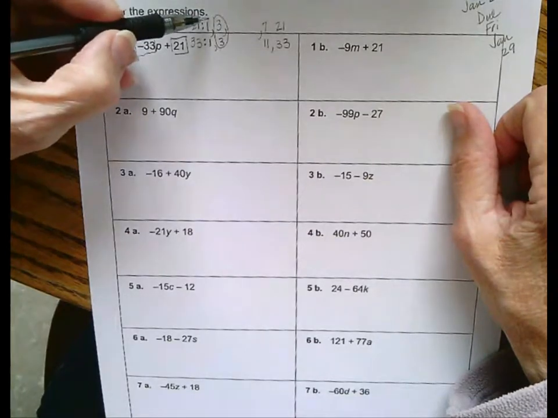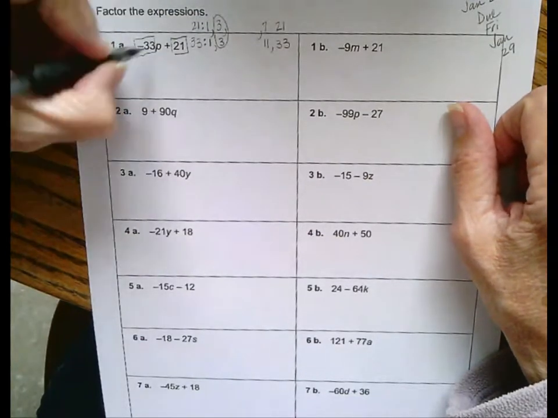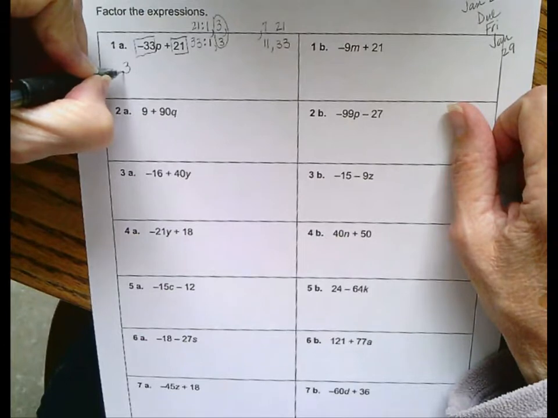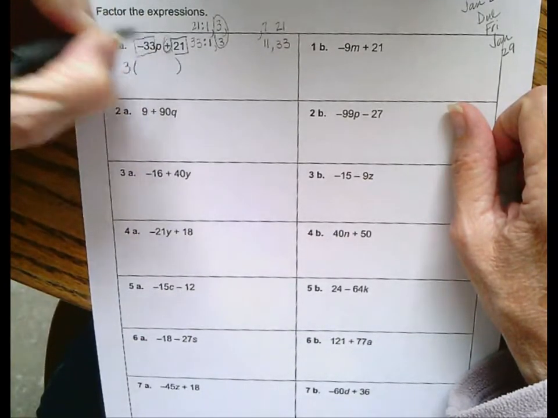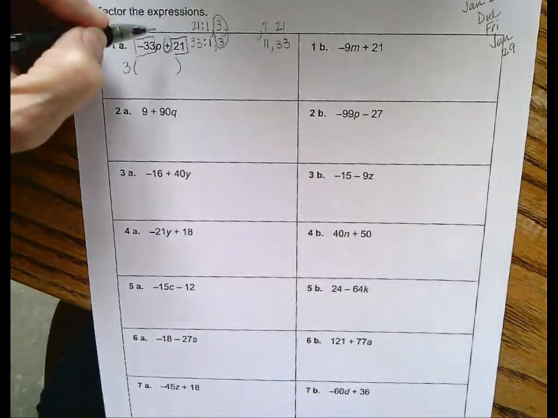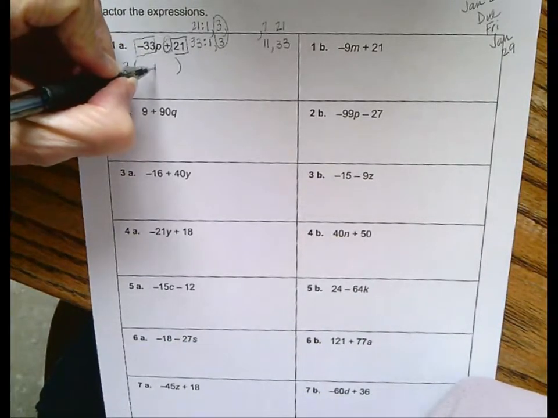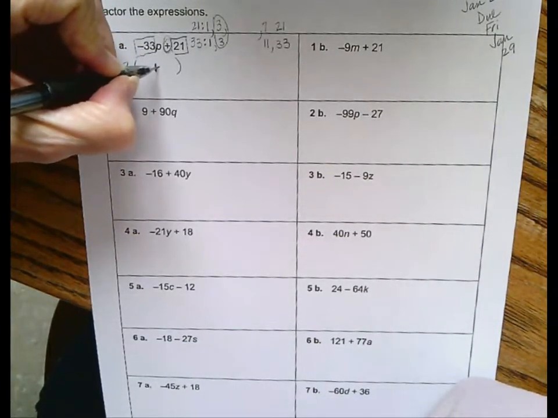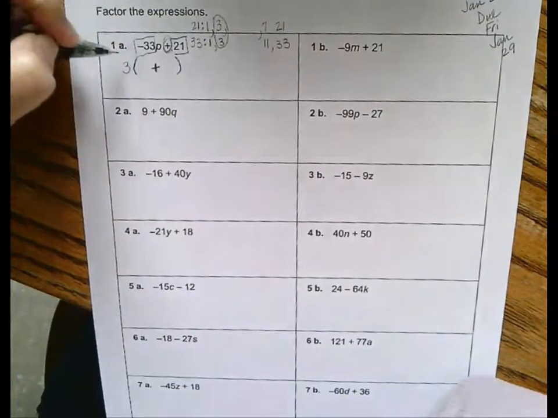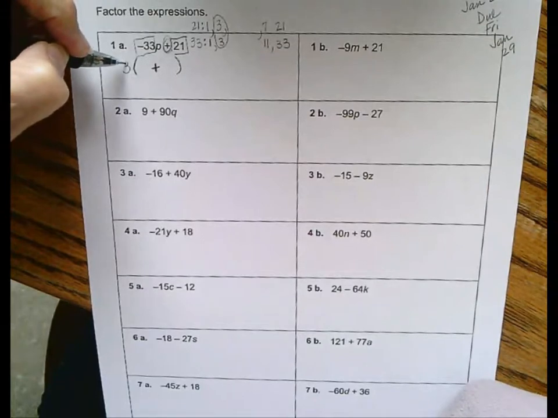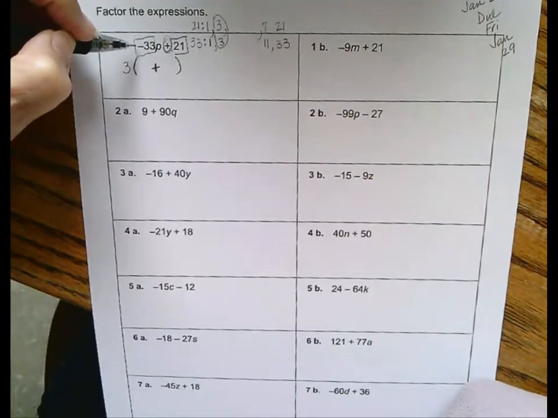When you find the greatest common factor, that is the number that is going to go outside of the parentheses. You're going to take your operation that is represented in the original expression and put it inside the parentheses, and then you're going to ask yourself 3 times what number would give you negative 33.